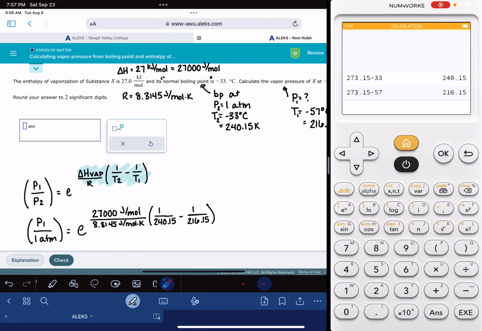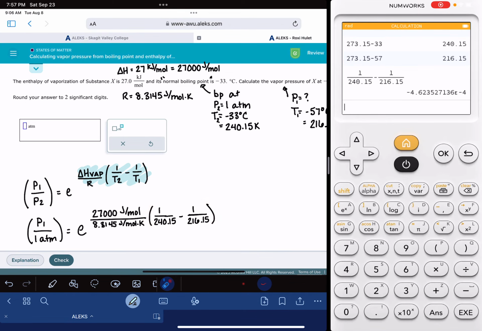So to solve this in the calculator, I'm going to begin by solving this portion, and then I'm going to bring this piece into it, and then I'm going to do all of it to the e, and then we're going to go from there. Okay, so again, I'm just going to start with this portion. That's going to be 1 divided by 240.15 minus 1 divided by 216.15. So that again is this math.